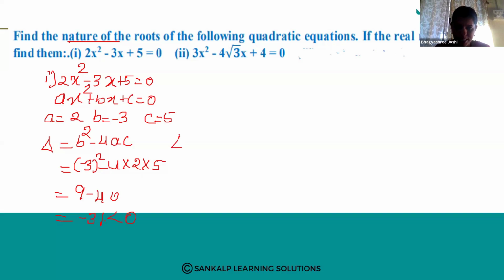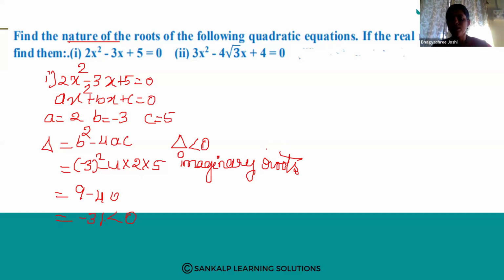If delta is less than 0, then you will have imaginary roots. If you get imaginary roots, then there is no need to find out the roots because there is no existence of real roots. The roots are imaginary. So we are not going to find any roots here.